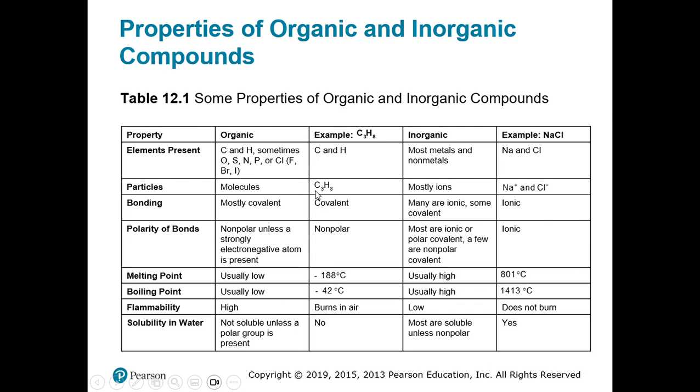Sodium chloride is made of ions, sodium cation and chloride anion, whereas C3H8 has only covalent bonds. It is non-polar. Its melting point is minus 188 degrees Celsius and boiling point is minus 42 degrees Celsius. It also burns in air and is not soluble in water.